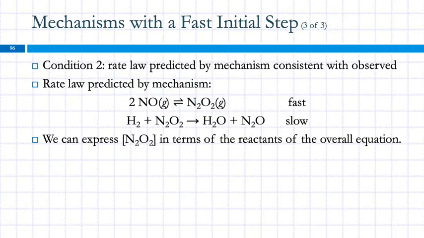Condition 2 is that the rate law predicted by the mechanism is consistent with the observed rate law. So predicted by the mechanism, the first step was fast, the second step was slow. It's the slow step that limits the rate of the reaction.